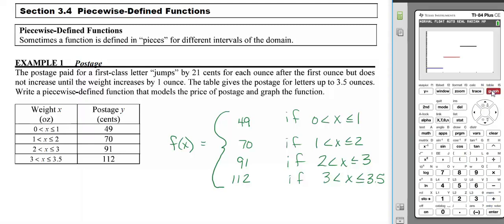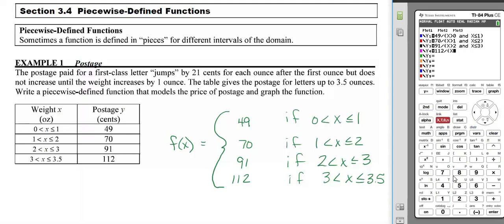Okay, graph that, and you see the third piece, and then our fourth piece we put in as our fourth function, 112 cents, and put our slash parentheses so we can start our conditions.